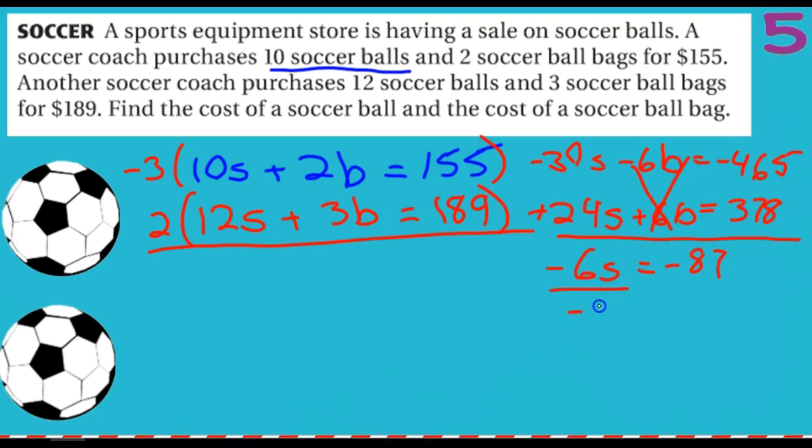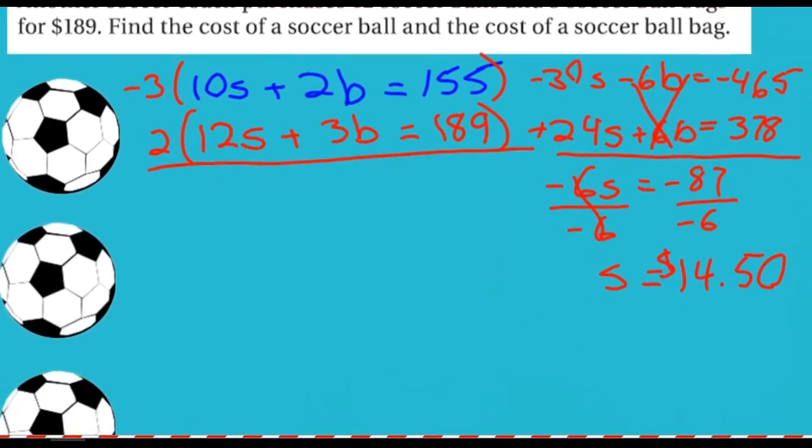I divide those by 6, or negative 6. I get S equals 14.5. So that's $14.50 for a soccer ball.